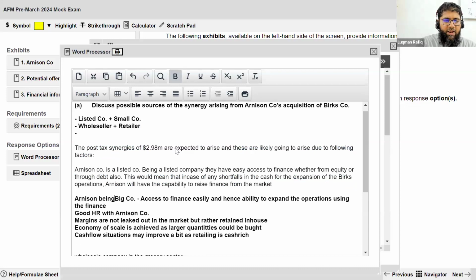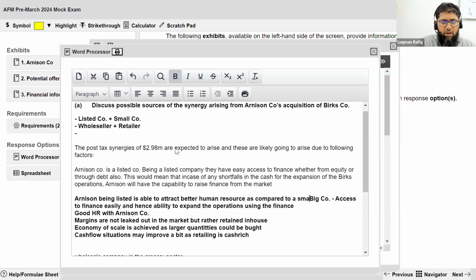Arneson being listed is able to attract better human resource as compared to a small business.